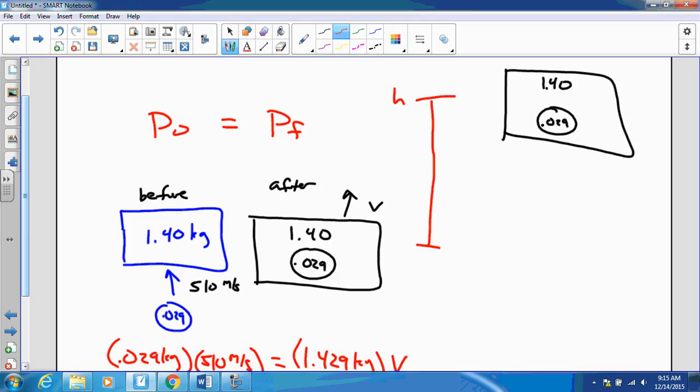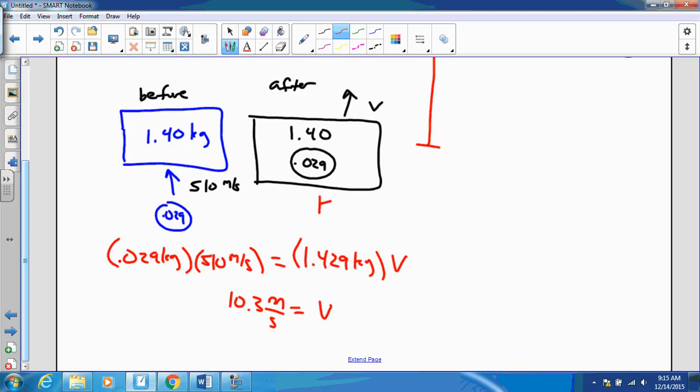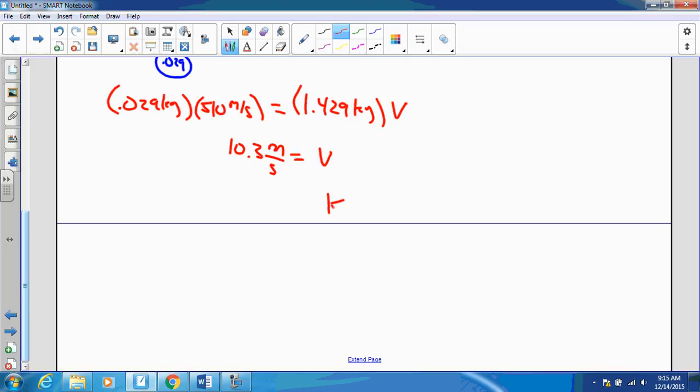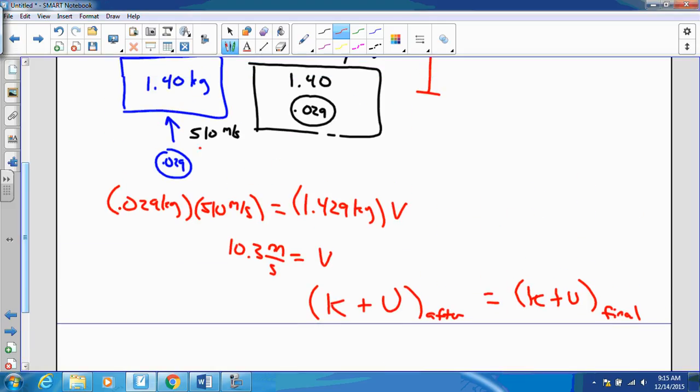So let's do that. Let's say that the kinetic plus potential here, and here we'll call this the after state, has to equal kinetic plus potential in the final state. Notice that I couldn't really do that in the before state.